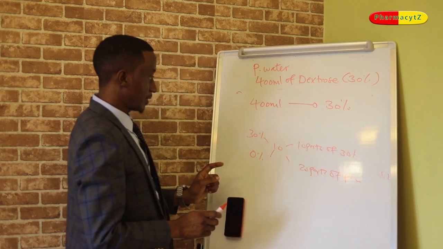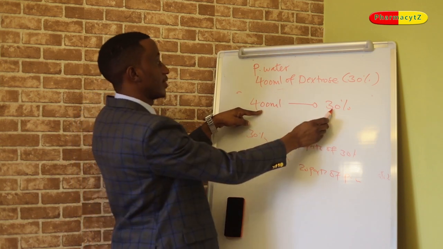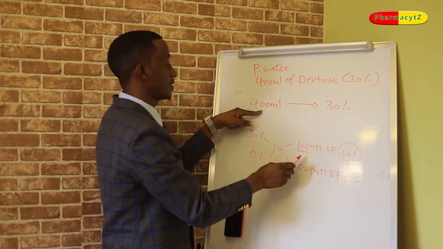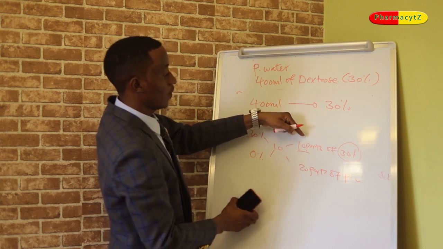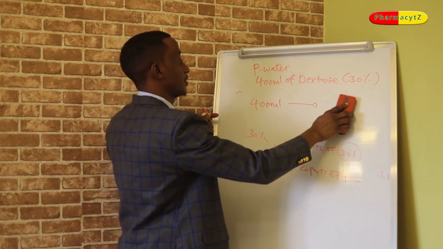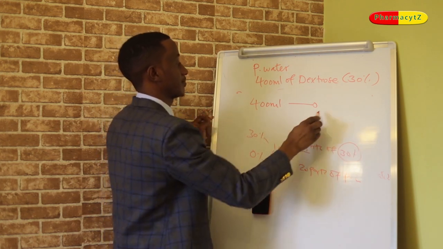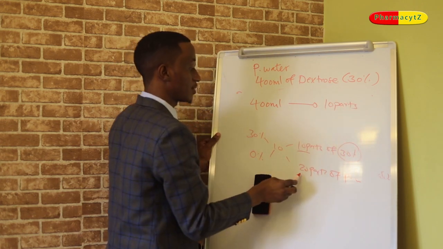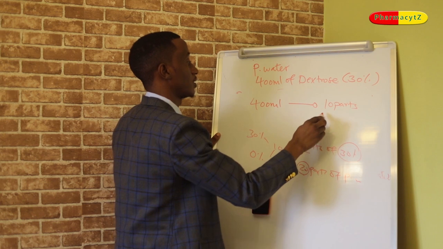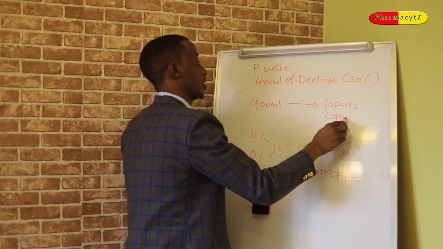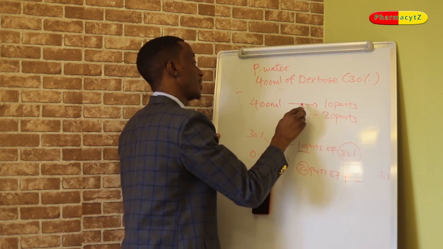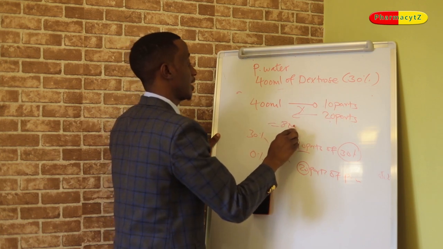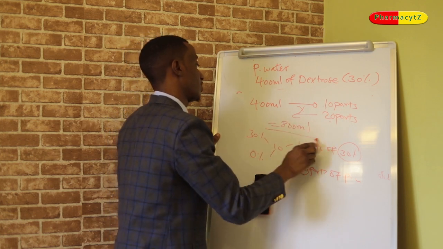So, meaning that 400 were in 30%. If we consider the parts, this means that 400 was in 10 parts. So what about the rest of the parts, which are 20? Shall be contained in how many mils? That is 2 times, and that is 800 mils.